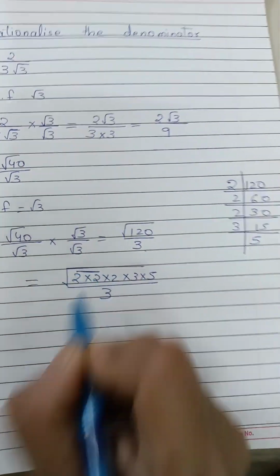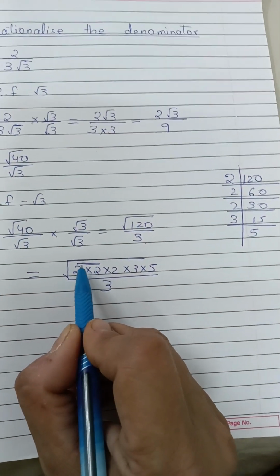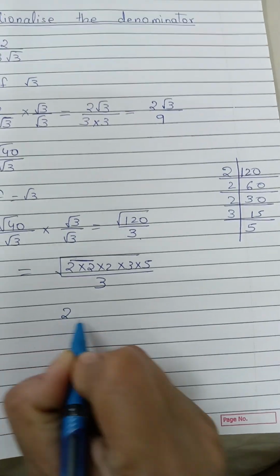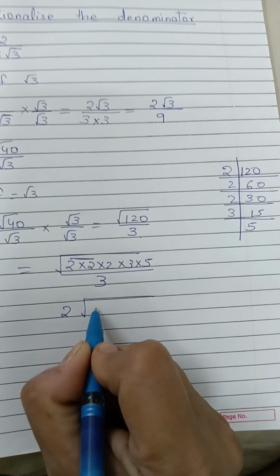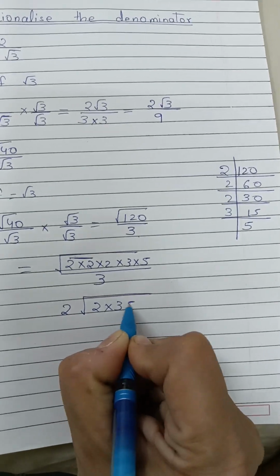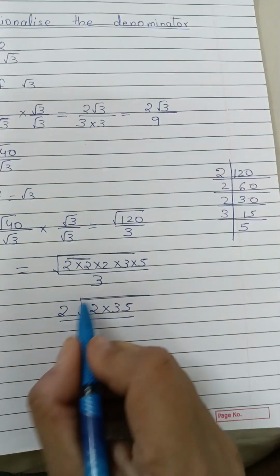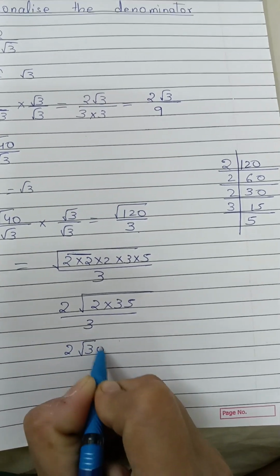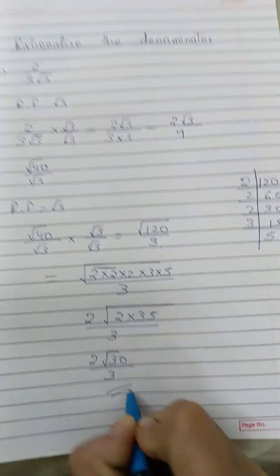Now I can pair out. You have to pair the factors, and you can take one factor out from each pair. So I have this left inside. On multiplying I get 2 root 30 upon 3, and this is our final answer.